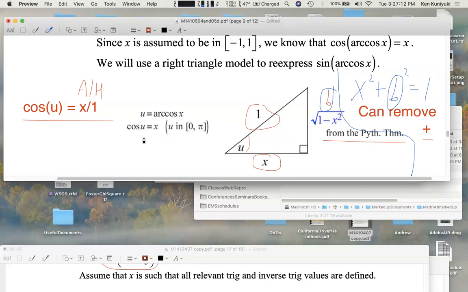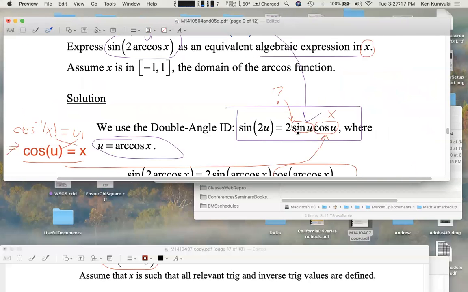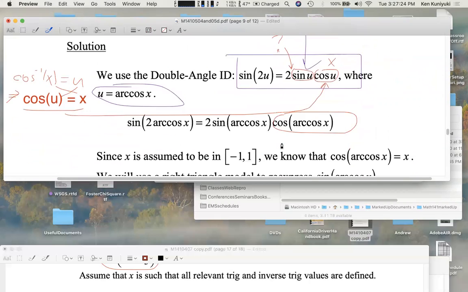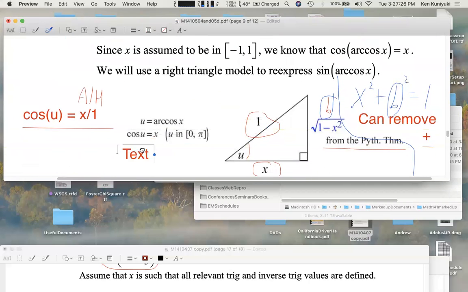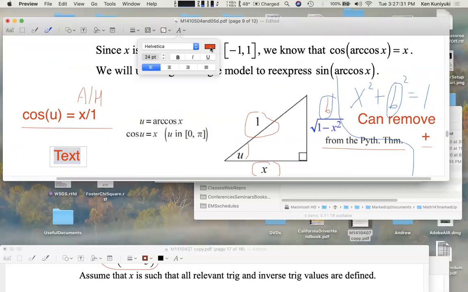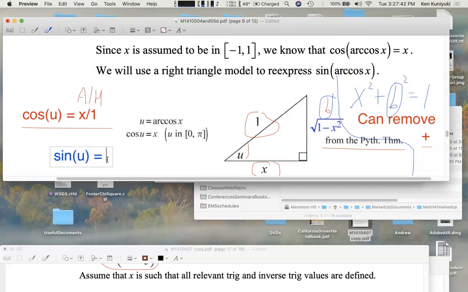And that's important because now we can find out what sine of u is. Remember, that was the piece that was in a way not missing, but we needed to express it in terms of x. We had to express sine of u in terms of x. So what is that? Sine of u equals, from u, opposite over hypotenuse.